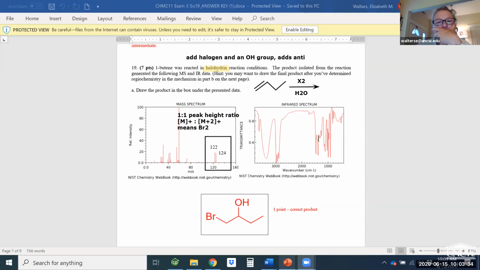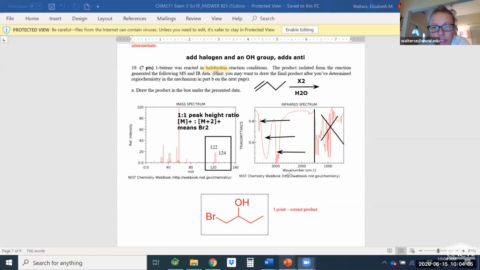Then when you look at your IR, you see a few features. So you would come down again to 1500, draw your line. All this stuff over here you can ignore. Then you see this, and this.